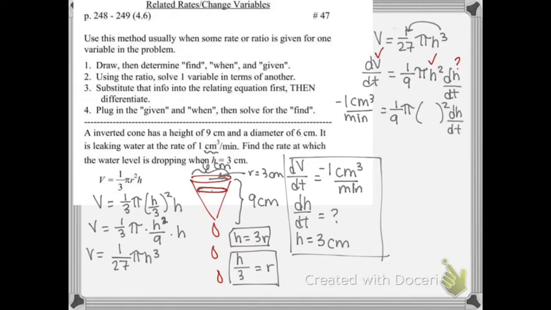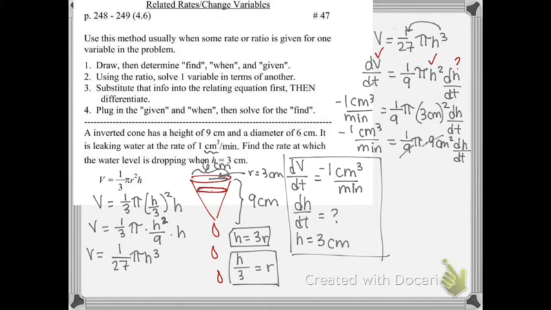In place of h, we're going to plug in that 3 centimeters. So that gives us -1 centimeters cubed per minute equals 1/9 pi, and then 9 centimeters squared dh/dt.